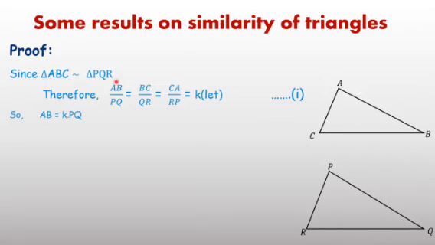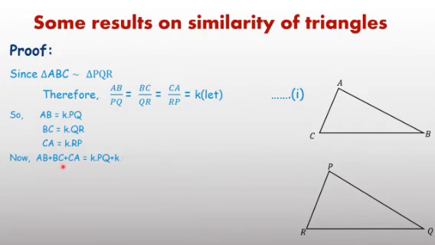Therefore, AB upon PQ equal to K means AB equal to K times PQ. Similarly, BC equal to K times QR, and CA equal to K times RP.